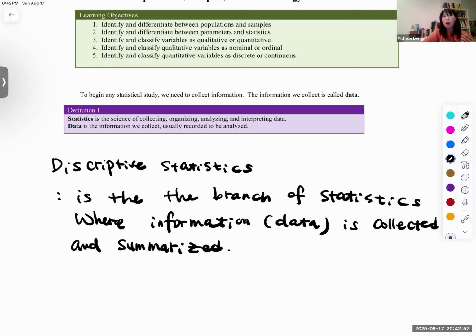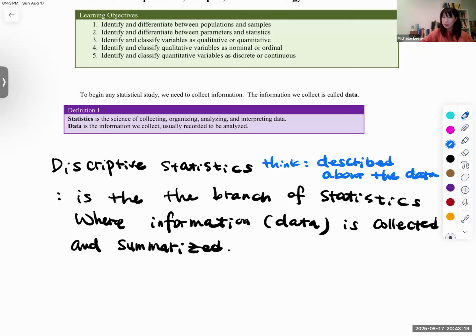We can think of descriptive statistics as something that describes the data, right? How?